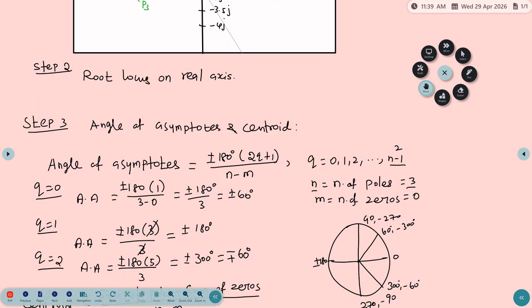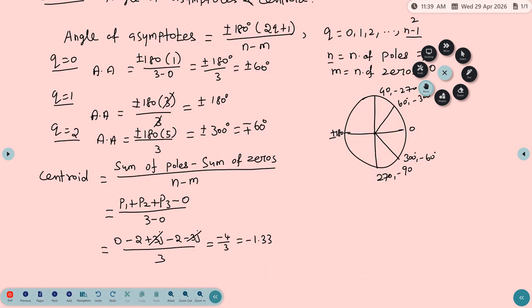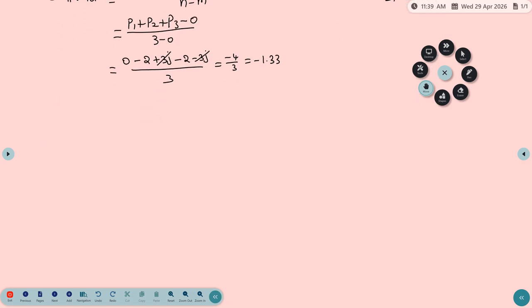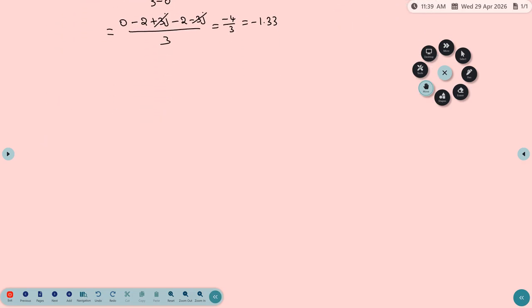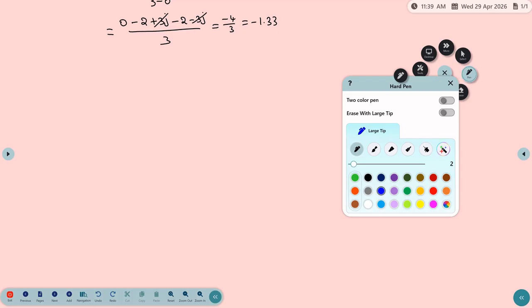Now we will move into step number 4. Step number 4 is to find the breakaway and the break-in points.